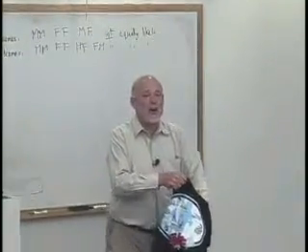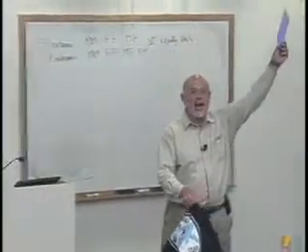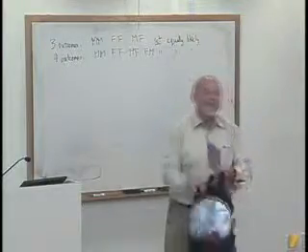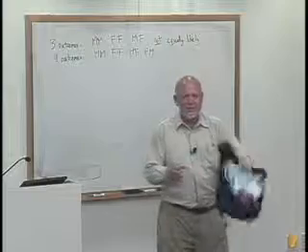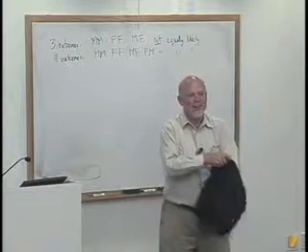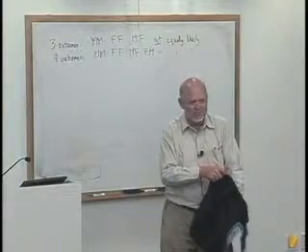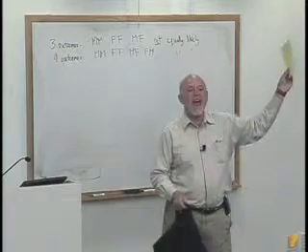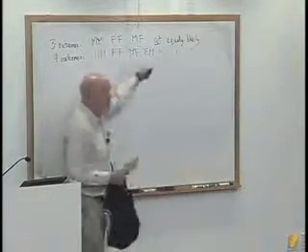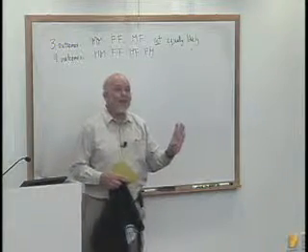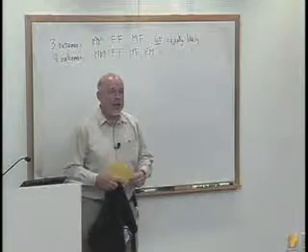If I change the experiment to this, pull one out, put it back, let them run around a bit, and pull another one out, for that, which is sometimes called sampling with replacement, these four are equally likely, and that's an easier problem than the one that I'm about to solve.